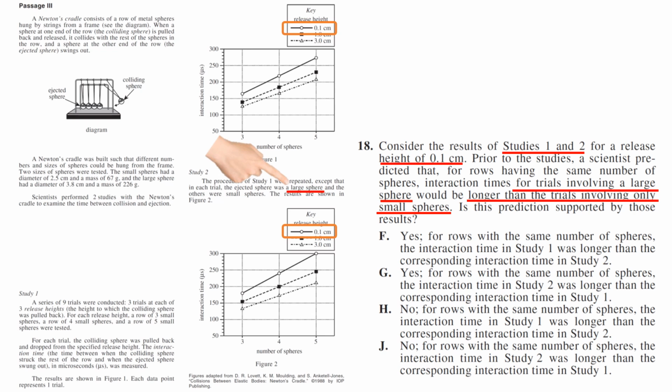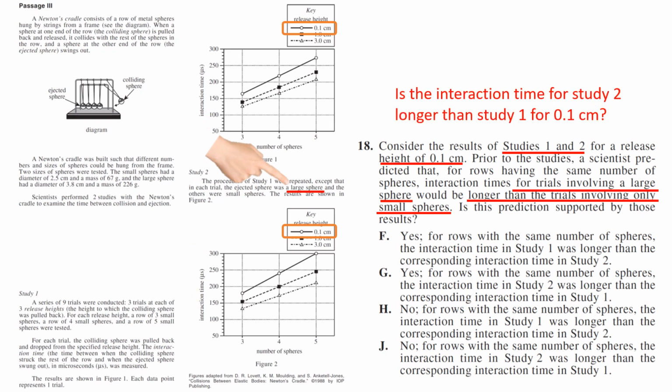The large sphere is study 2. Is study 2 interaction time longer than study 1? So our interaction time is over here. So let's just check each one for the circle. So we're going to check 3 spheres first, and we see the interaction time is longer for large spheres, right?